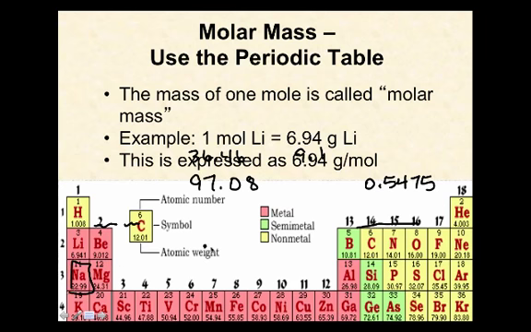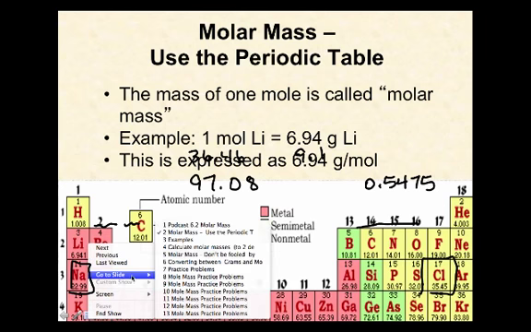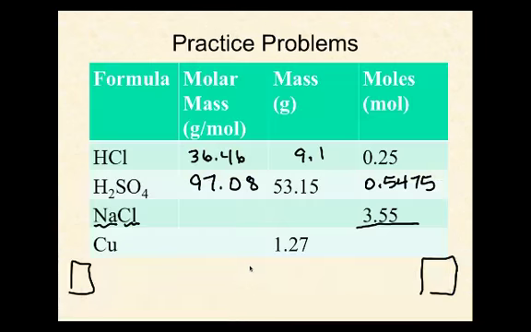I'm not going to round yet, but pretty close to 23. And then chlorine is 35.45. So let's go back to our problem and solve for the molar mass. So I have 22.99 plus 35.45. Okay, so now add these numbers together. You can do it.